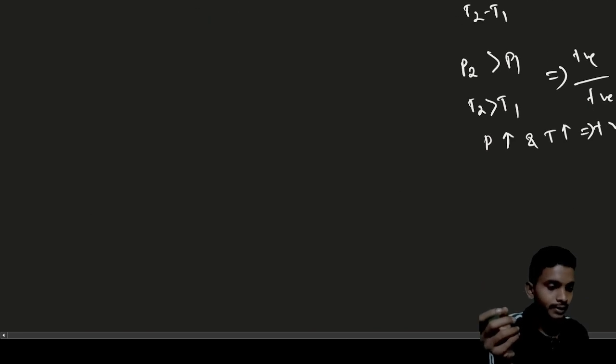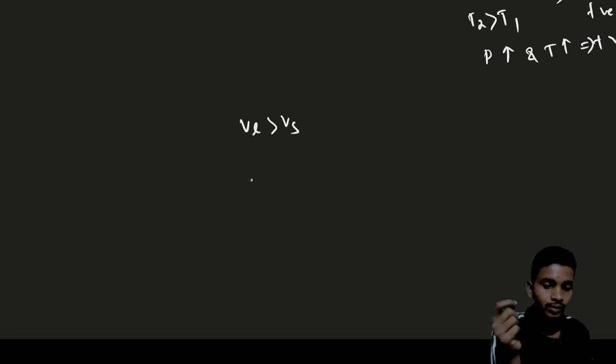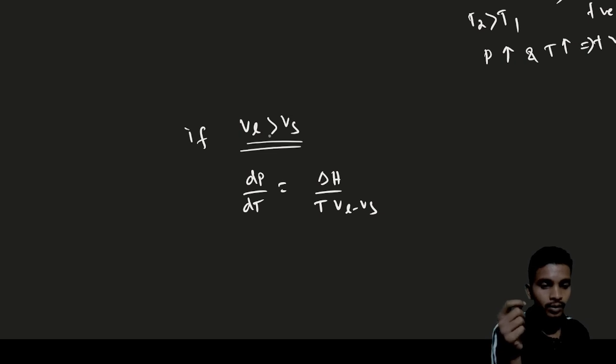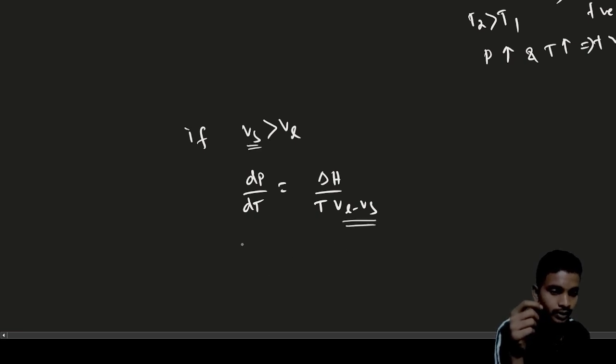On the other hand, let's say if the volume of liquid is less than the volume of solid, then dP by dT is ΔH over T times V liquid minus V solid. If the volume of solid is greater than the volume of liquid, then this value is going to be negative.